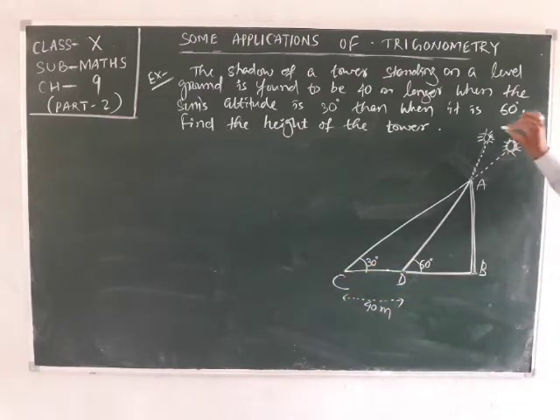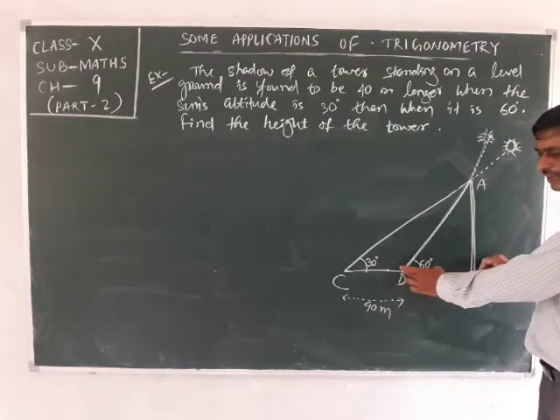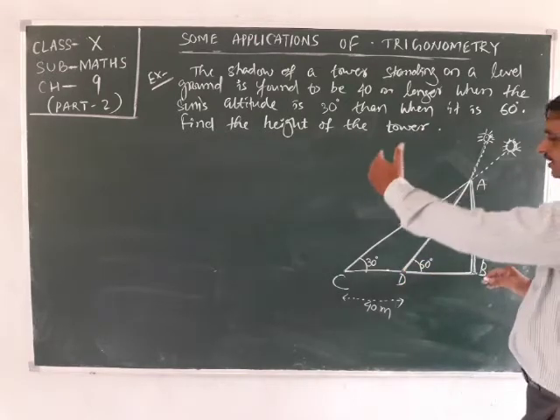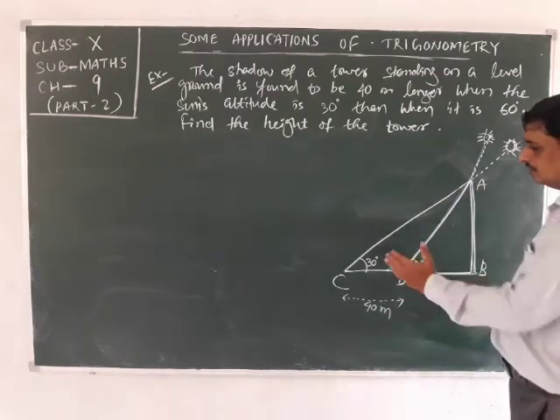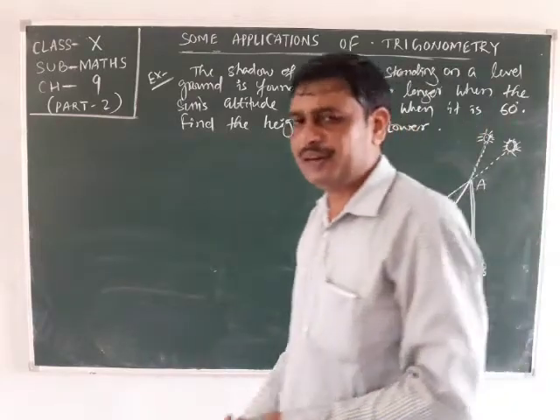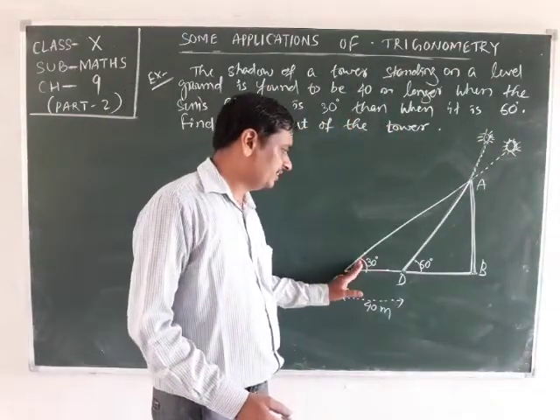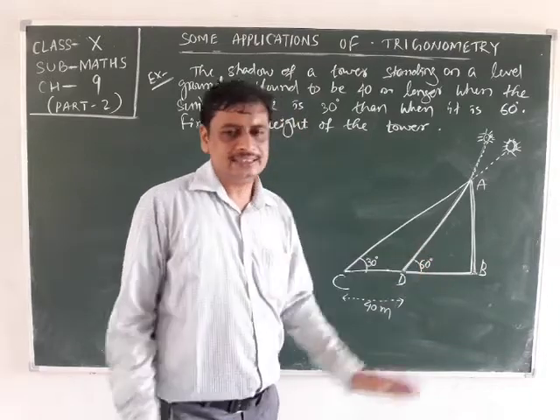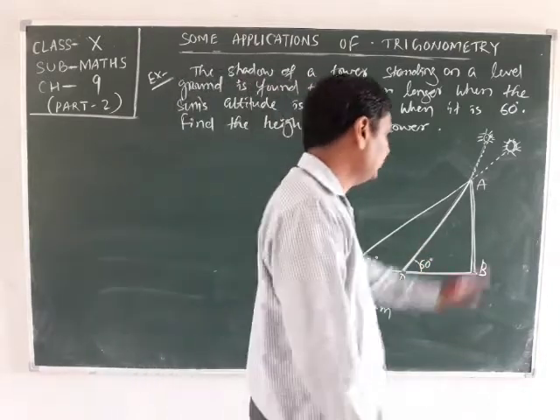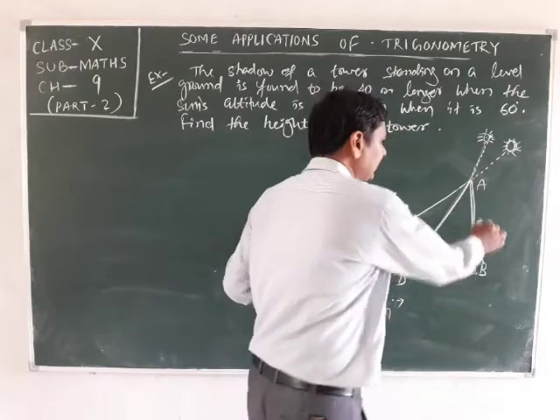When the sun is situated at this point with elevation 60 degrees, it forms the shadow BD. It is given that the length of the shadow increased by 40 meters at 30 degrees as compared to 60 degrees. Here we have to find the height of the tower, that is AB.